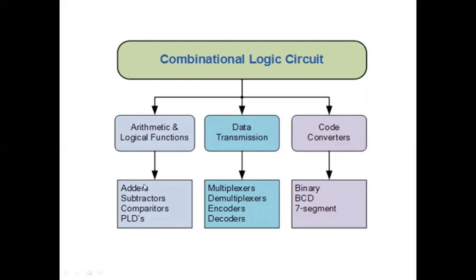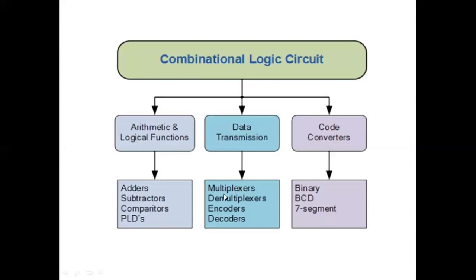These adders like half adder, full adder, subtractors, half subtractor, full subtractor, comparators, 1-bit comparator, 2-bit comparators, 4-bit comparators, and PLDs, all these come under the arithmetic and logical functions.